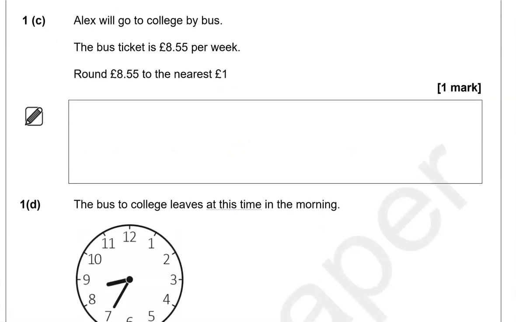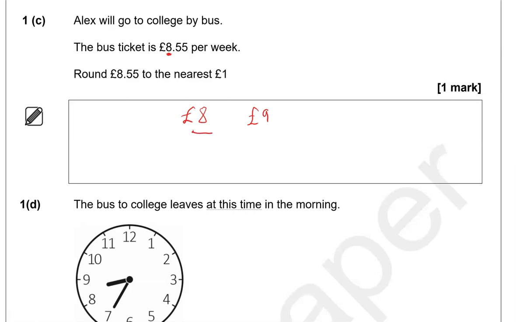Alex will go to college by bus. The bus ticket is £8.55 per week. Round £8.55 to the nearest pound. So when we say round it to the nearest pound, we're going to either go for £8 or £9. So which one is this closer to? £8.55.